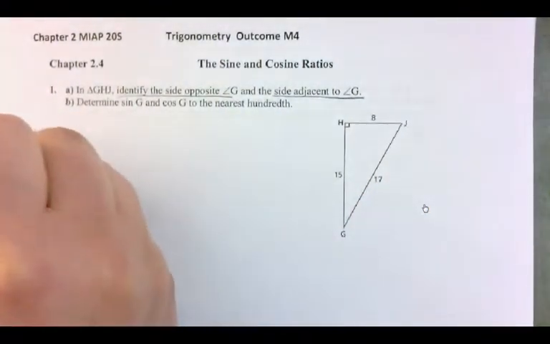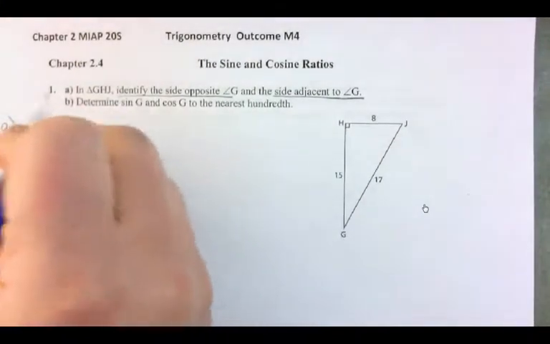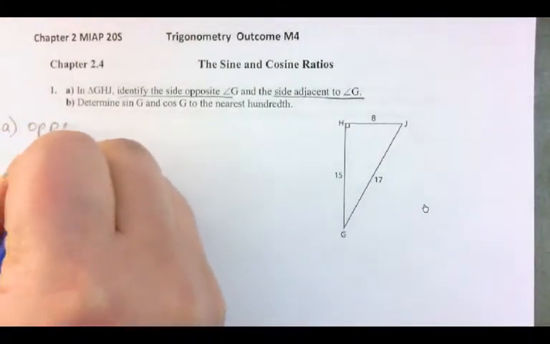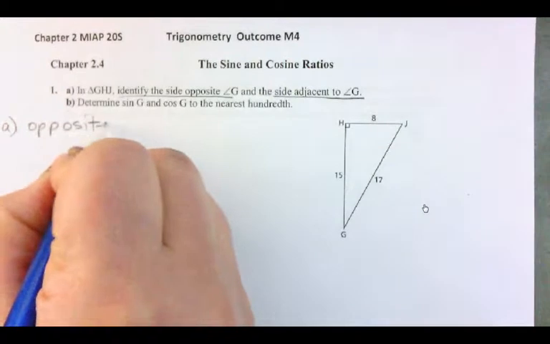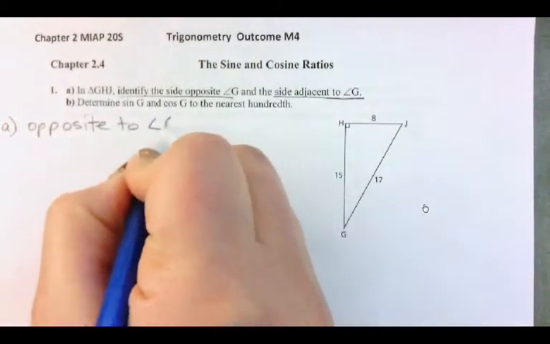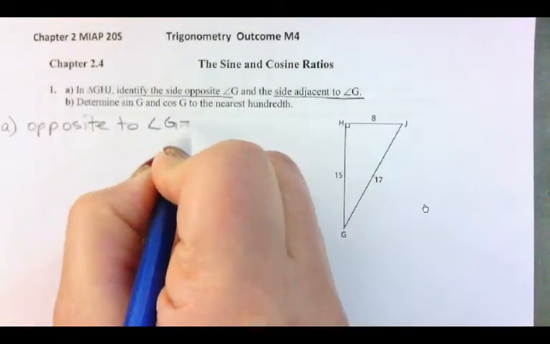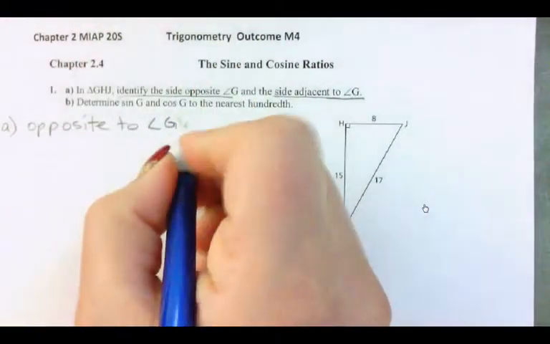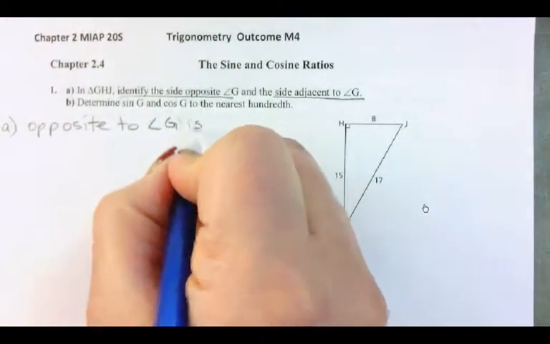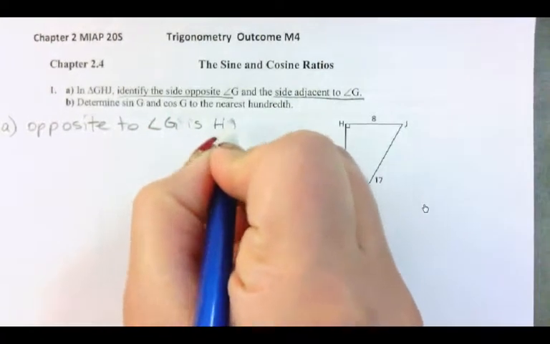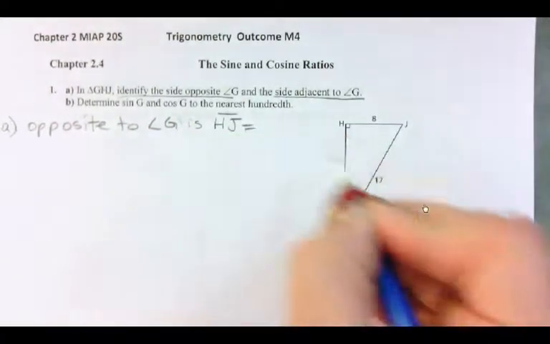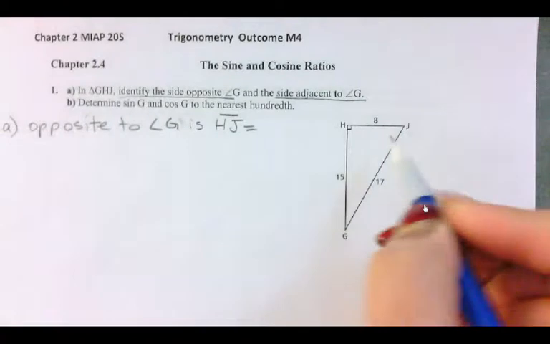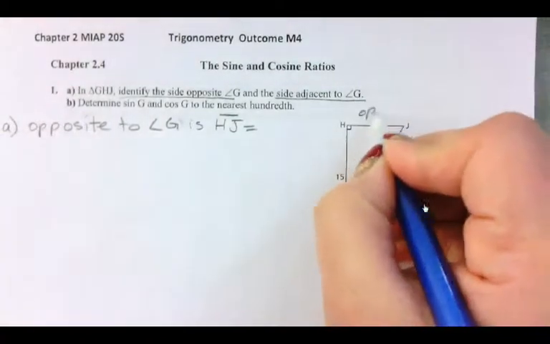So for part A, the side opposite to angle G is going to be line segment HJ, and that has a value of 8. So this is the opposite.